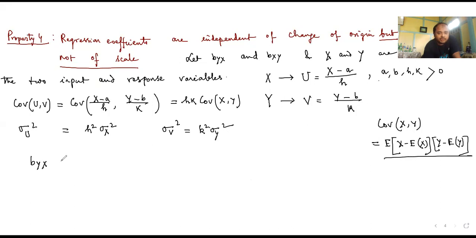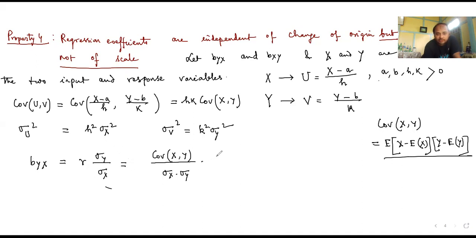Now, what about byx? Let us try to find it out, because we are interested in the regression coefficients. Let us choose byx without any loss of generality. Byx is given by the formula r into sigma y by sigma x. The formula for the correlation coefficient of x and y is covariance of xy by sigma x into sigma y.